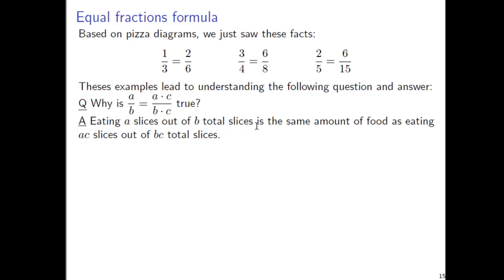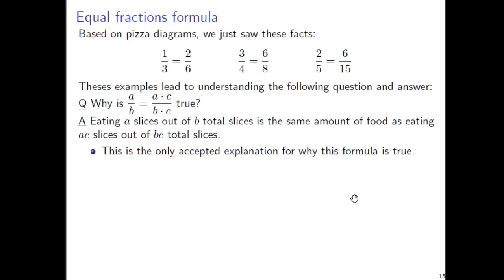And the point is that is the same amount of food, that's what the equal sign is about, same amount of food as eating A times C slices, that's what's in the numerator here, out of B times C total slices. That's what this first example, second example, and third equation here of fractions, that's what we are seeing happen over and over. And this sentence, without plugging in any numbers, answers this question right here.